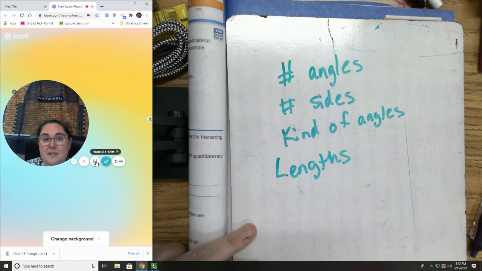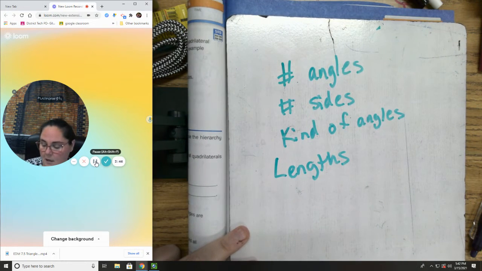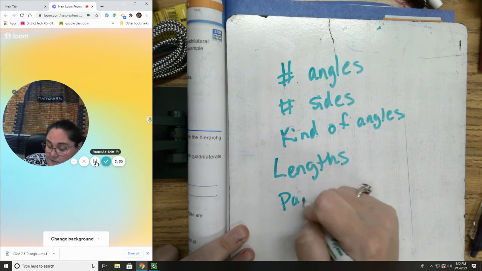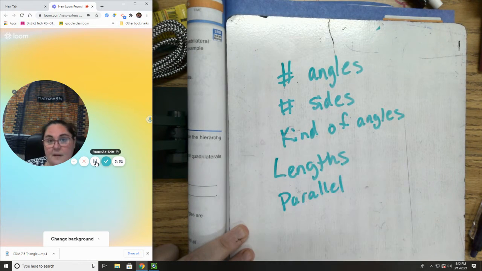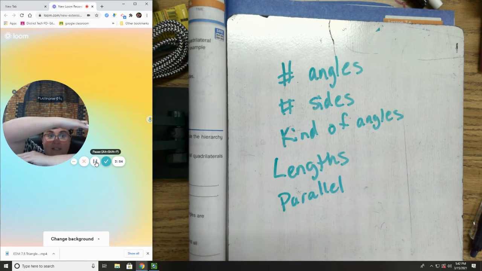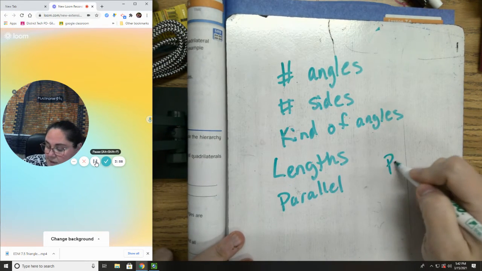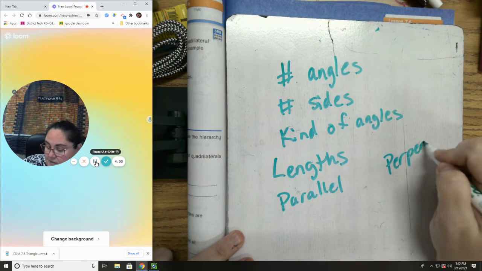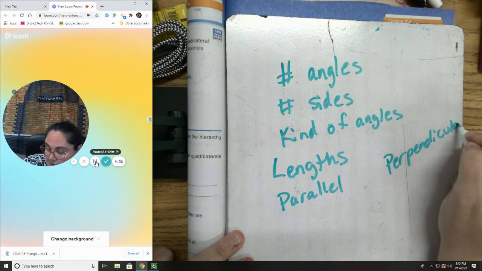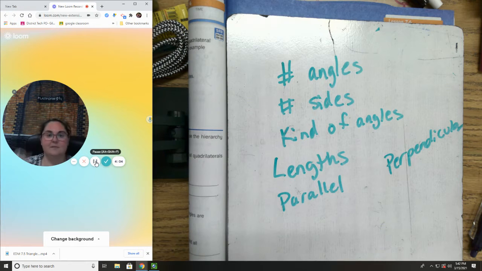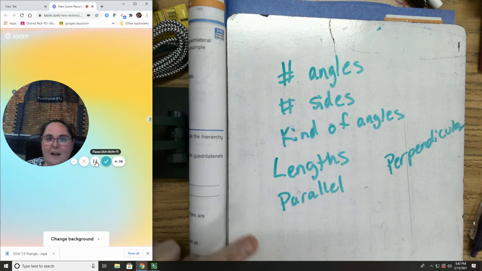You could talk about the same and different lengths, right? You could talk about if something is parallel. Parallel means it's like the L's, a pair of L's. It never touches. You can talk about if it's perpendicular. Perpendicular makes a T or an X. Well, not really an X. It's a T. 90-degree angles.